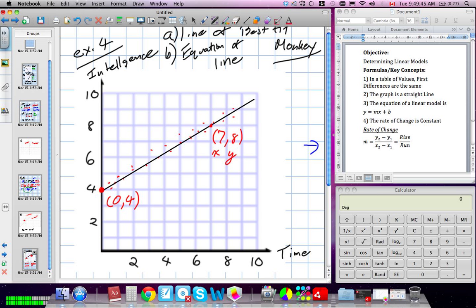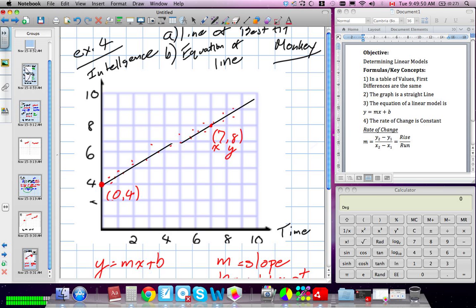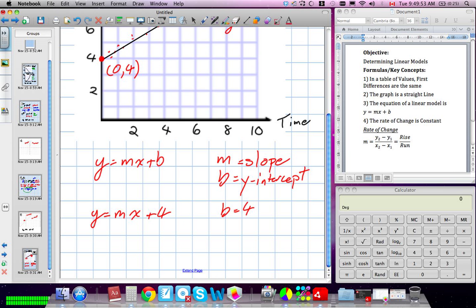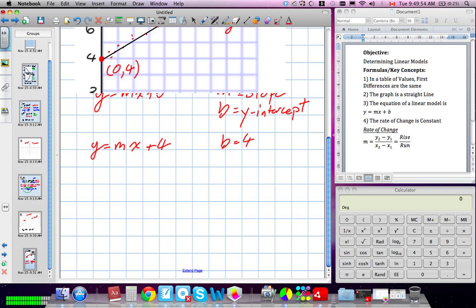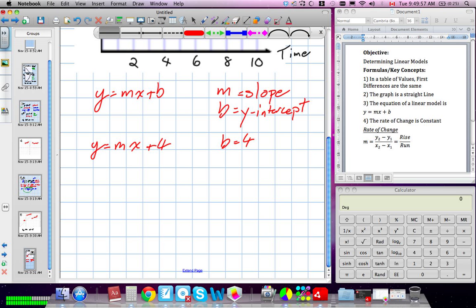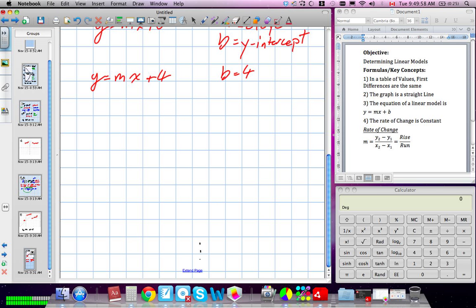So what I meant by the two of those, I'm going to split this down the middle. We have our equation, y equals mx plus 4. Our other point was at 7 and 8. So that will be our x and y value.